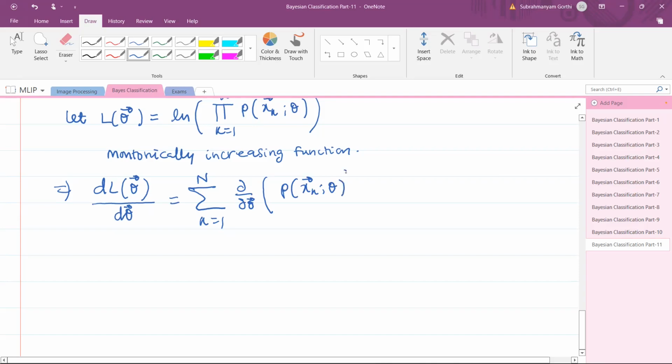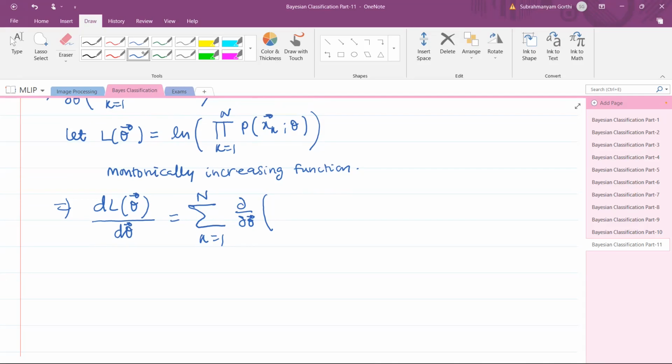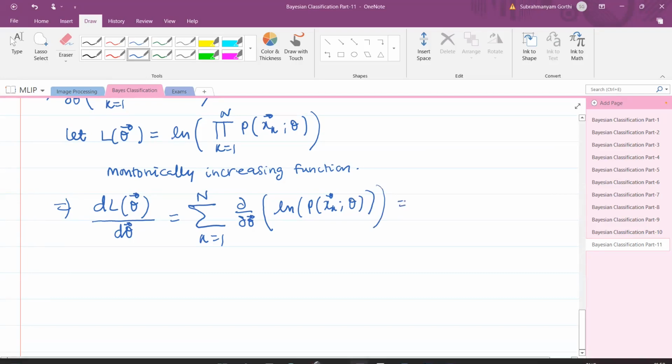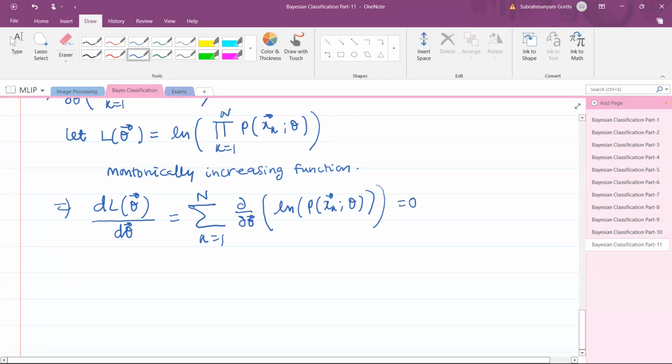I made some mistake here. Can you correct that? Logarithm, right? Good. That's what I forgot while writing. Logarithm of probability of x_k bar comma theta. This I have to make 0 to find the maximum.